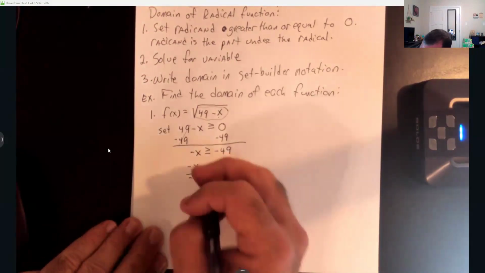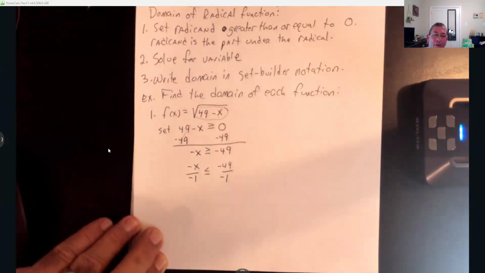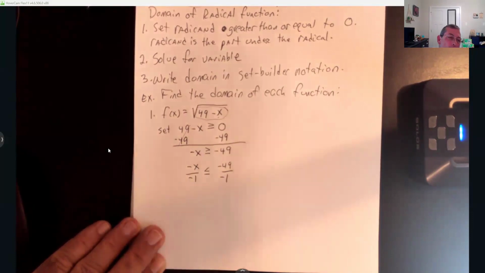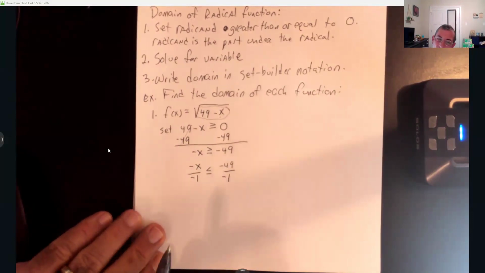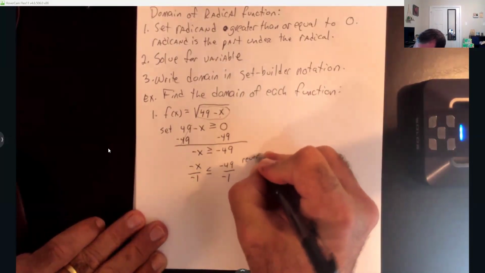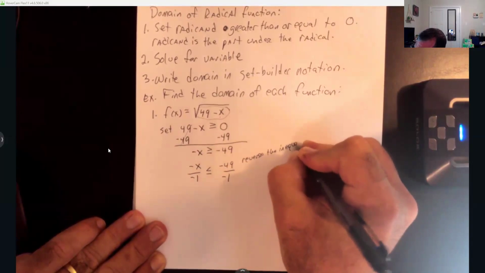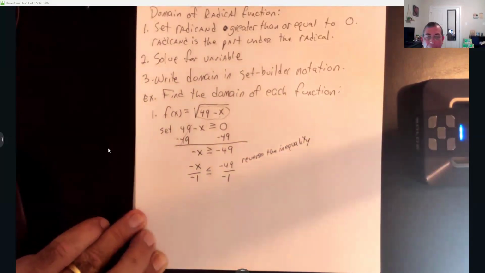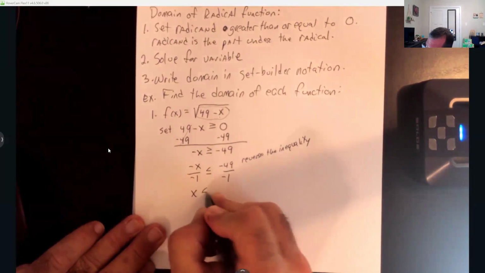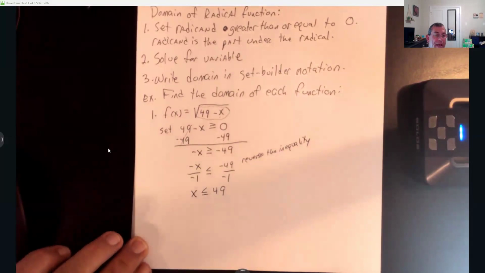So the greater than or equal now becomes a less than or equal. Y'all cannot forget that when you divide or multiply by that negative one, you got to reverse it. So reverse the inequality. Okay. All right. So that gives me x less than or equal to a positive 49.